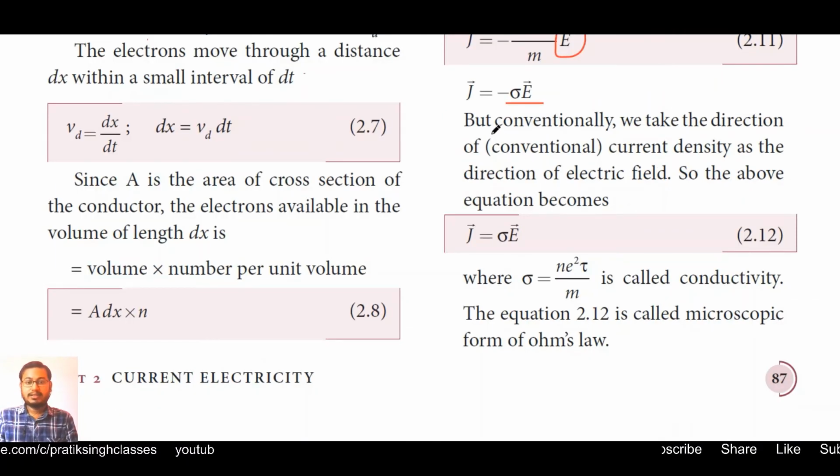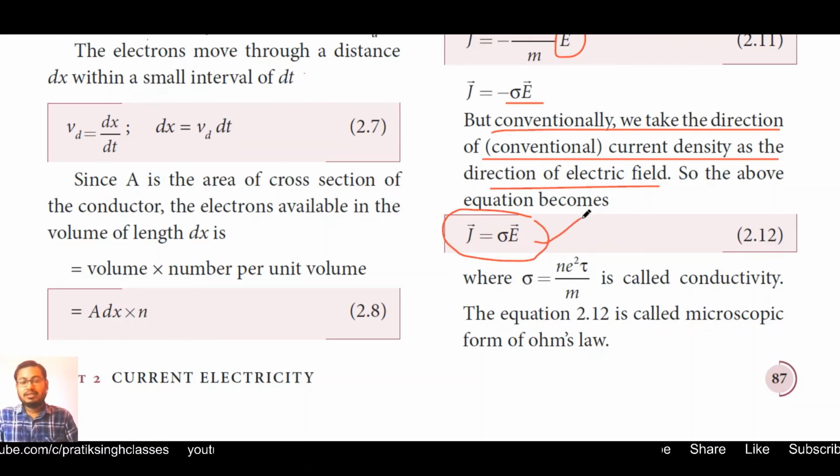But conventionally we take the direction of conventional current density as the direction of electric field. That is why we always write J = +σE. About the direction of flow of current and direction of flow of charges, we already have seen in our previous video what is conventional current, its direction, and the direction of flow of charges.